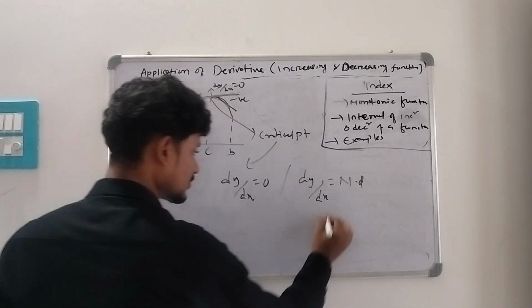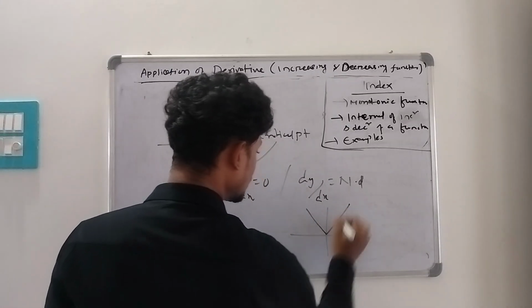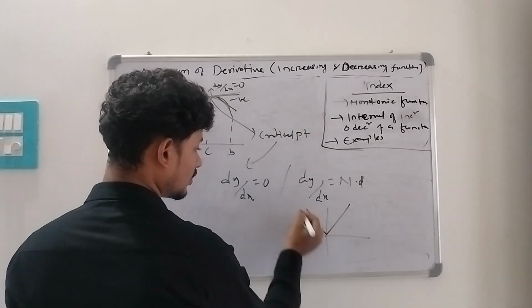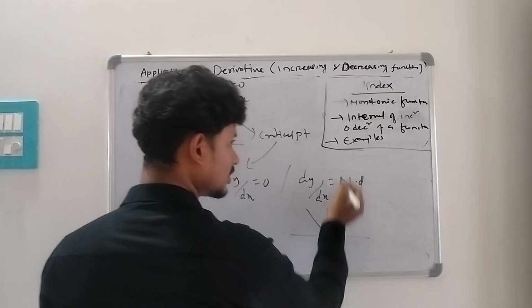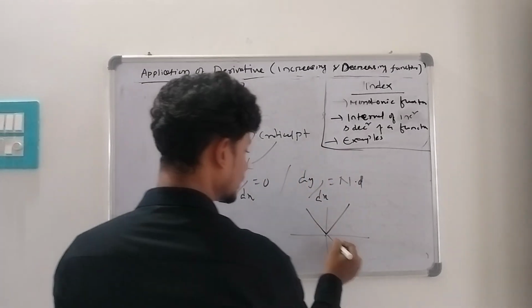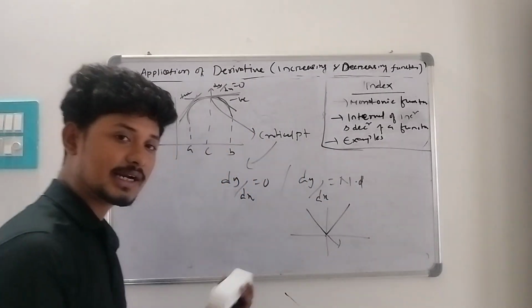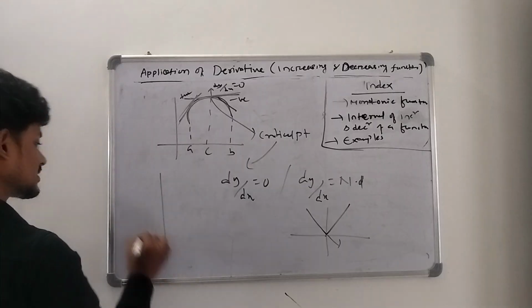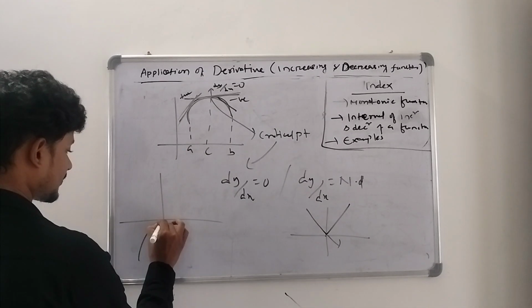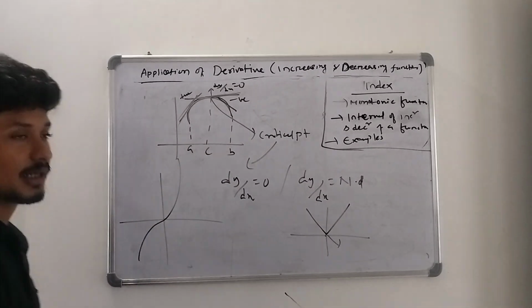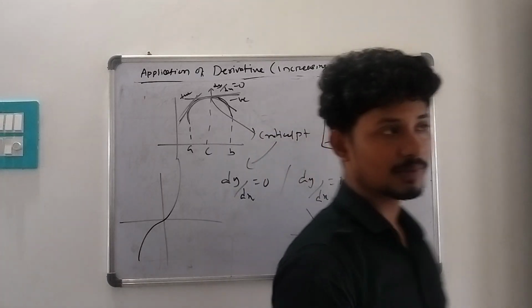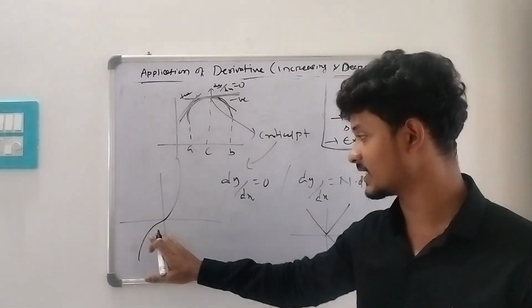For the not defined case, you can take the example of mod x. Here you can see that at 0 the function changes its nature from decreasing to increasing, but the derivative is not defined. In some cases we can see that the nature of monotonicity does not change here.